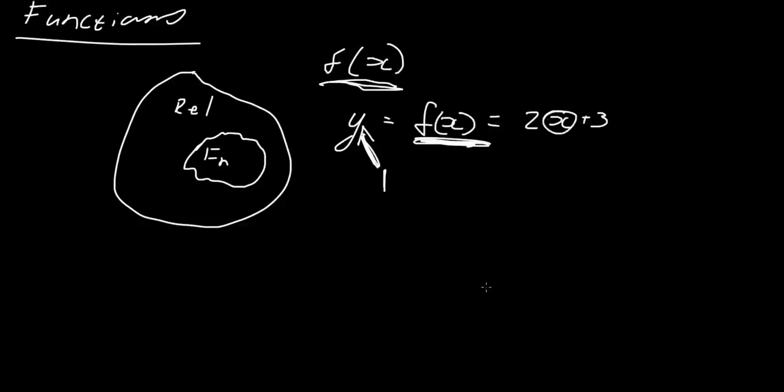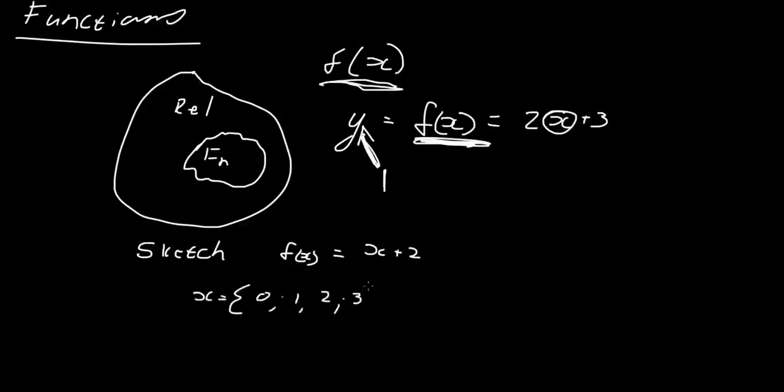They've got a little example here. Sketch f of x equals x plus 2. Once again, choose any x values, because they don't tell you for which x values you must sketch f of x. So let's choose x equals the set 0, 1, 2, 3.